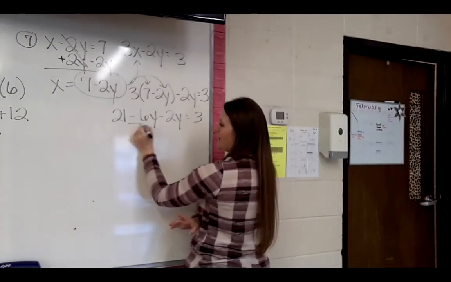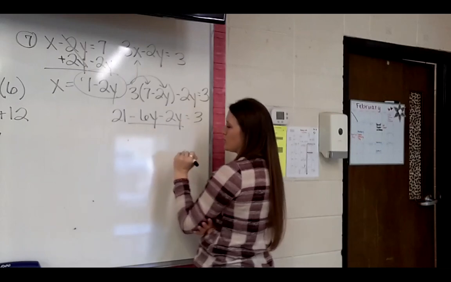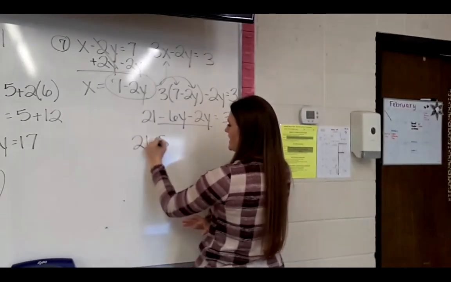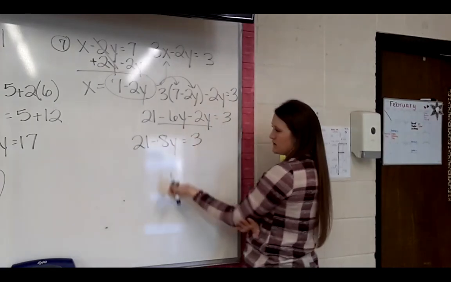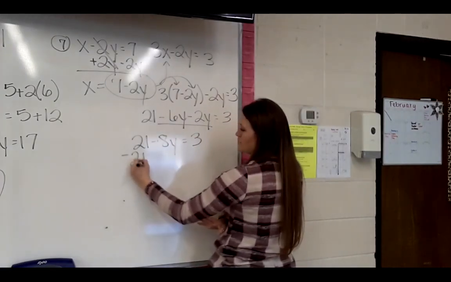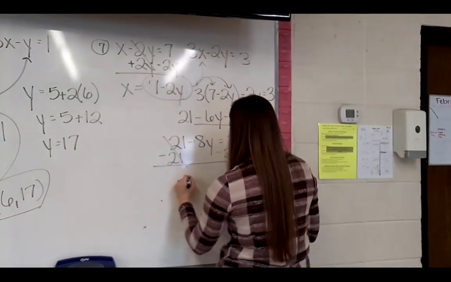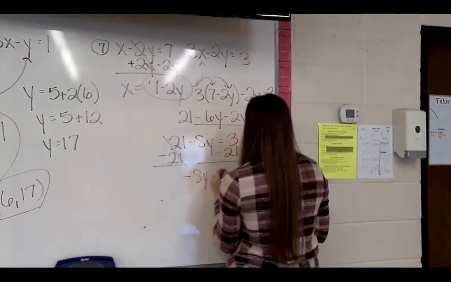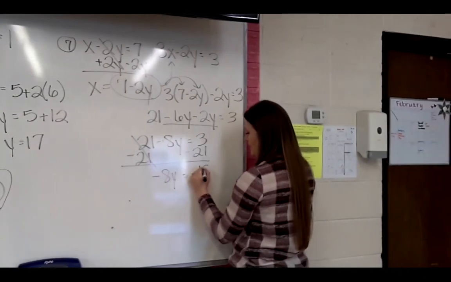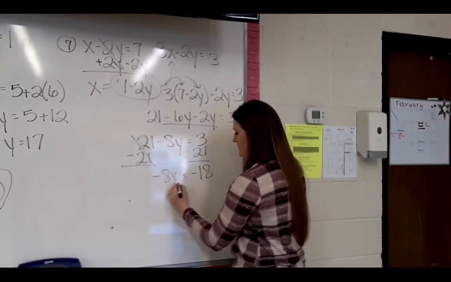So this is a negative 6y minus 2 more y, so 21 minus 8y. So I get rid of that 21. Three minus 21 is negative 18. This does not come out to a nice number.